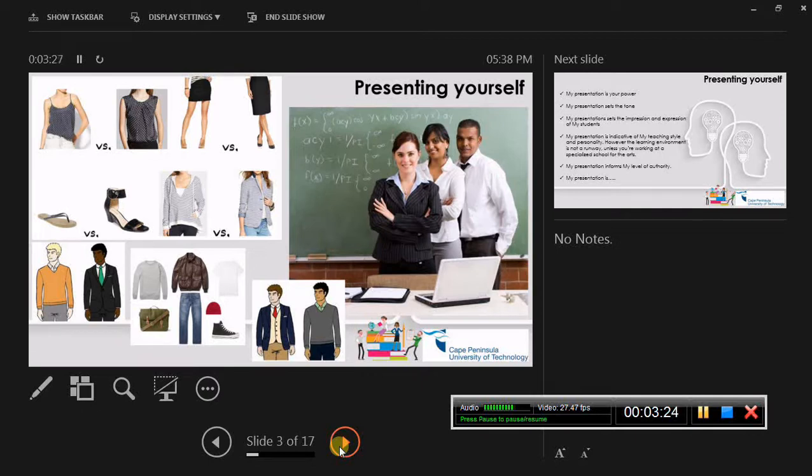Non-verbal speaks volumes, and your clothes are part of your non-verbal, as opposed to the images in the middle where you see a pair of sneakers, a hoodie, jeans, a satchel. If I look at that, for example, I'm thinking of a substitute teacher, somebody that's just going to come in, do a quick intro, leave again, somebody that's getting ready for the holidays.